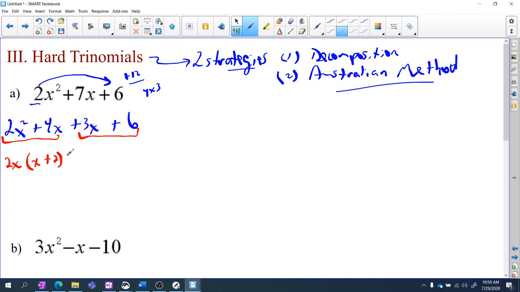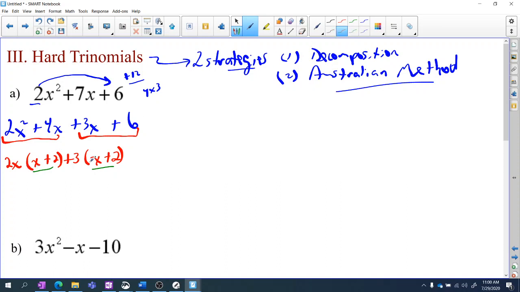A positive 3. If you divide these both by positive 3, you get x plus 2. Now here is your indicator of whether you're on the right track or not. It's these binomials. If those are different, you've picked the wrong numbers here, or you factored out something wrong. They have to be identical. Signs, everything's got to be the same, which they are in my example.